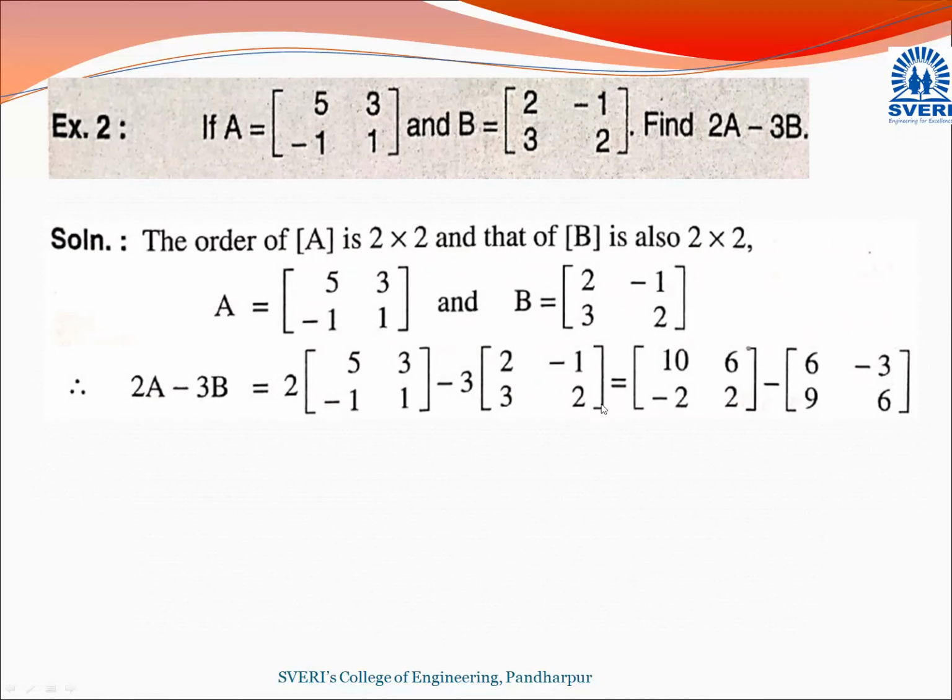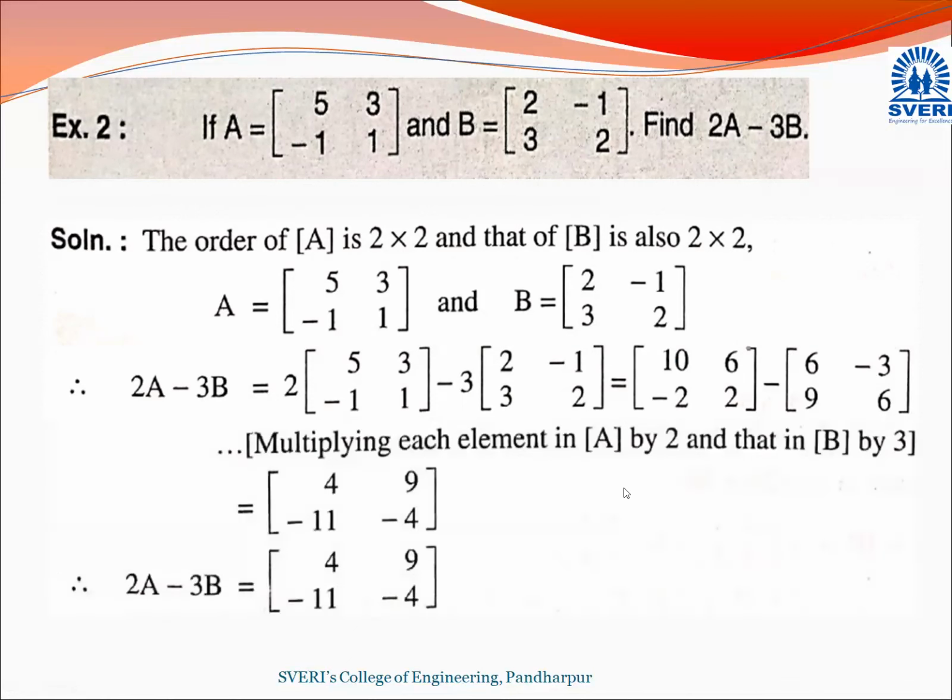Using this, we get the matrix 2 into 5, 10, 2 into 3, 6, minus 2, plus 2. Then multiplying by minus 3 in this bracket, we get 6, minus 3, 9 and 6. By taking the subtraction of these two matrices, we have 4, 9, minus 11, minus 4.